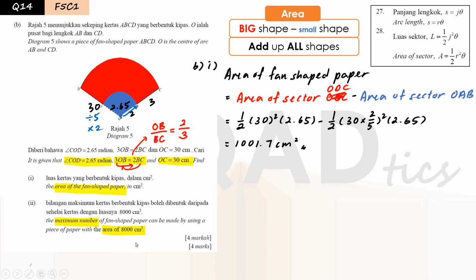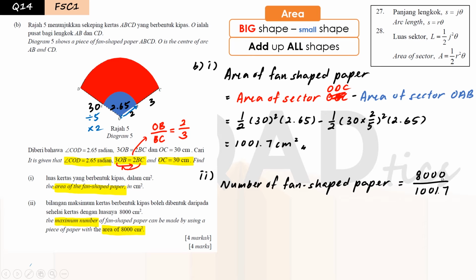Okay, so this is the total area of paper that we have, and we need to see how many fan-shaped papers we can make. To find the number, we use the total area of paper that we have, which is 8000, and divide by the area required to make one fan-shaped paper, which is our answer in part 1 just now, 1001.7.